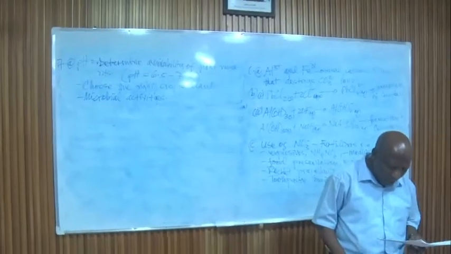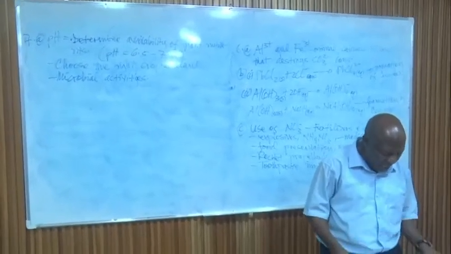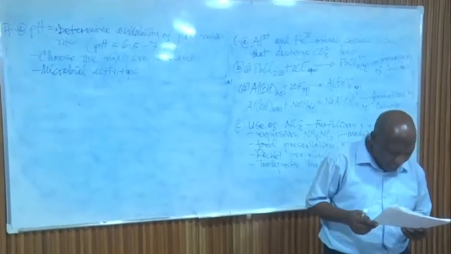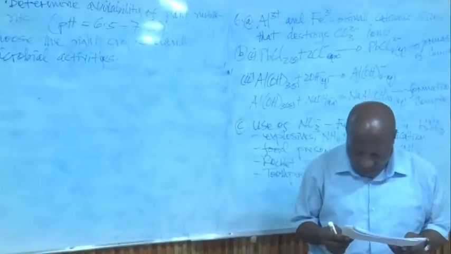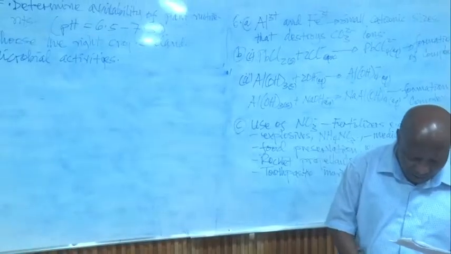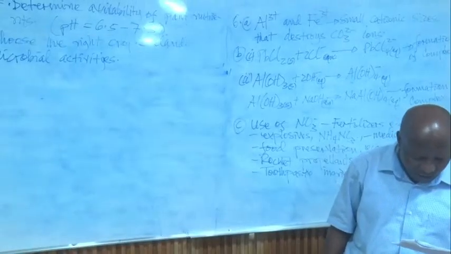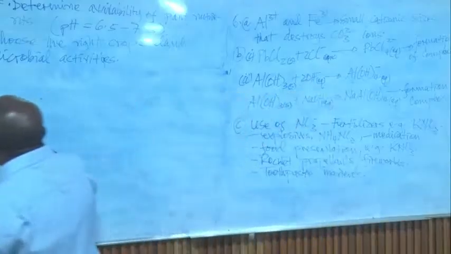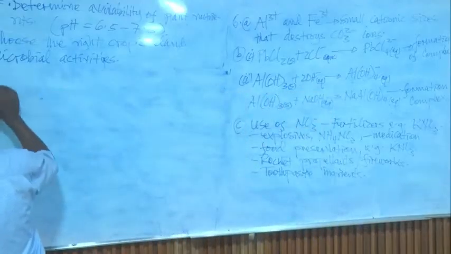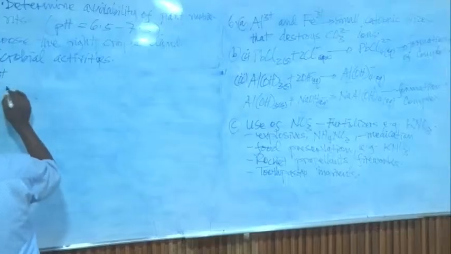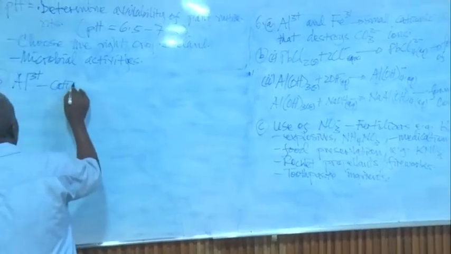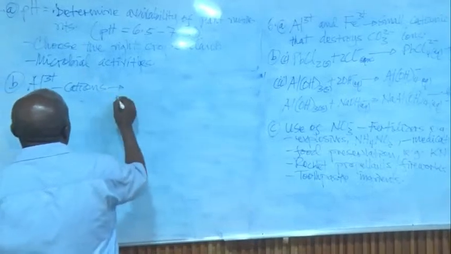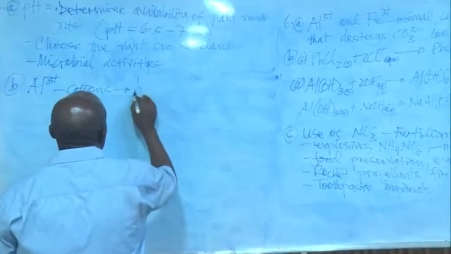Question number 7b. Aluminium ions hydrolyze. Why are aluminium ions not considered as a soil base, although they are cations? Aluminium ions, though they are cations, are still not considered as soil bases.